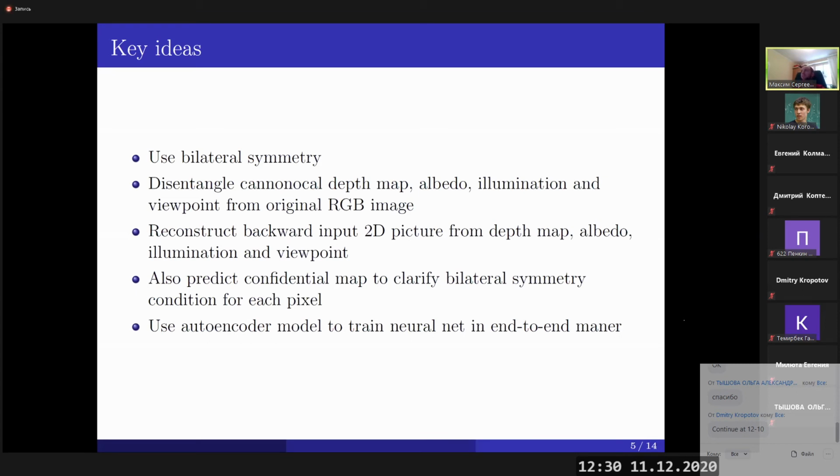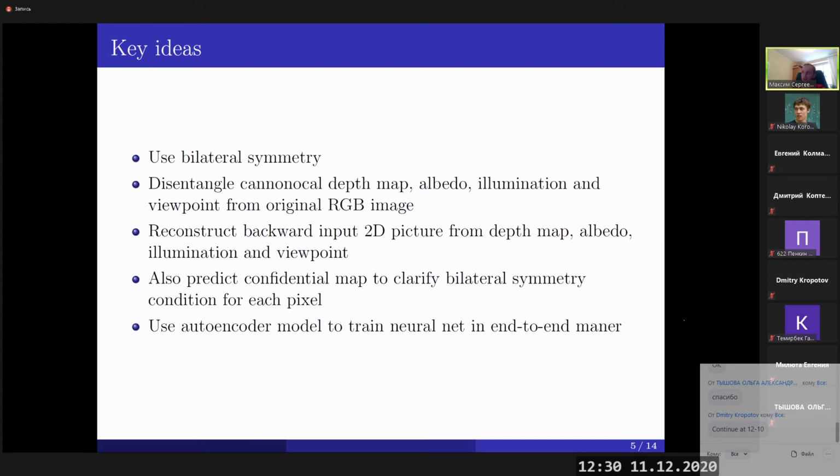The next feature is the albedo image, which is like a synonym for texture image. Then we must recover illumination. By illumination, we mean a vector from which light is coming to the object. And last but not least, the viewpoint.